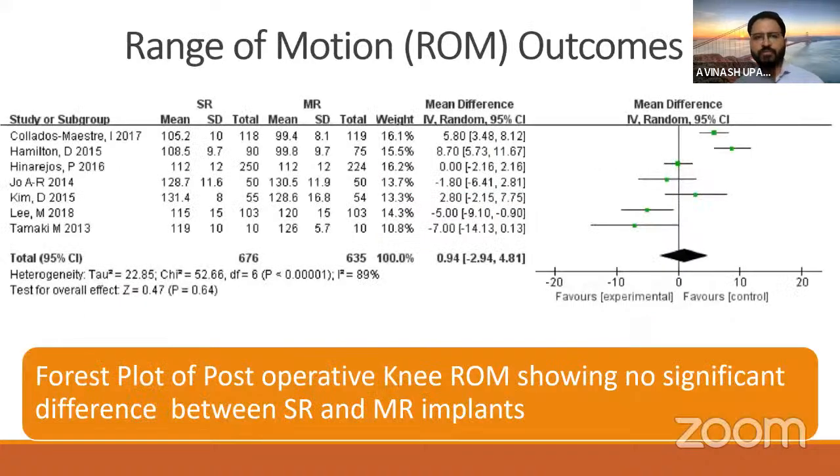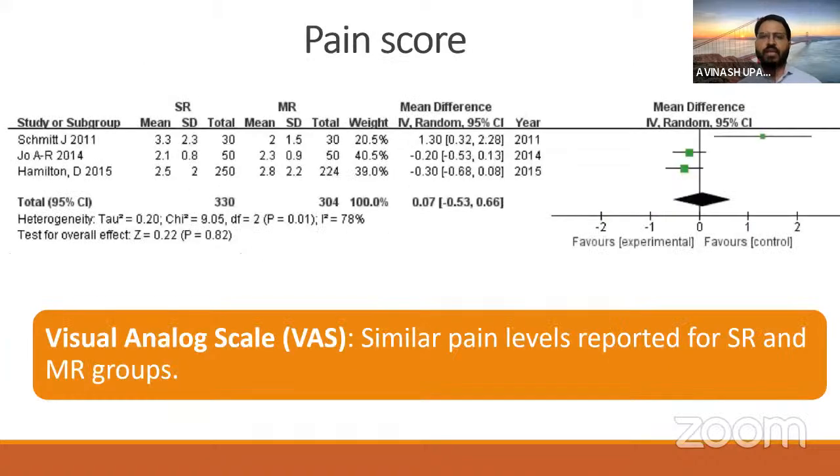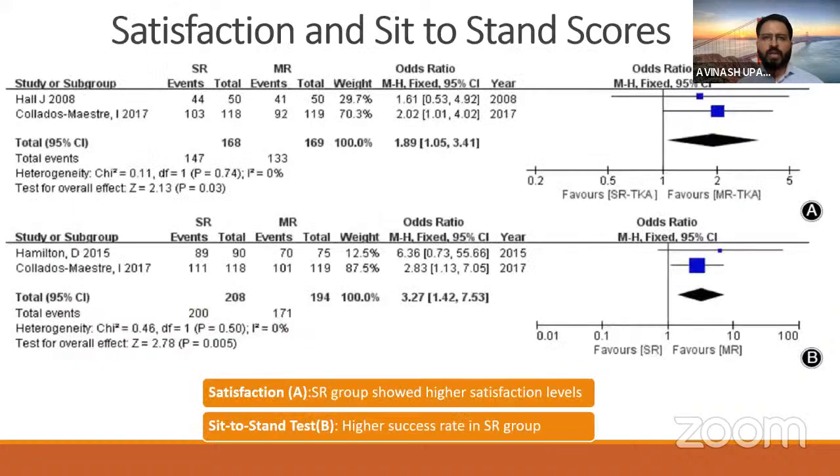As per the review of literature, as you can see in the graph, there is no significant difference in post-operative knee range of motion between single radius and multi-radius implants. Similar pain levels were reported from both groups. If we compare satisfaction, the single radius group shows a higher satisfaction level, and it has a higher success rate in the sit to stand test.